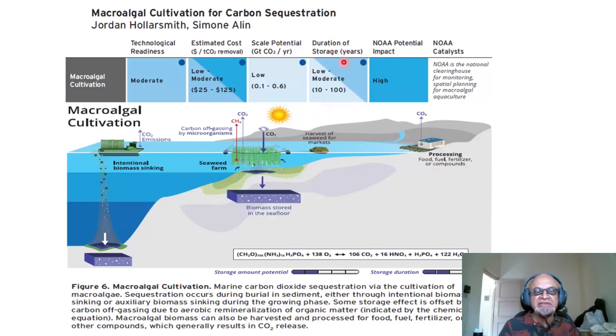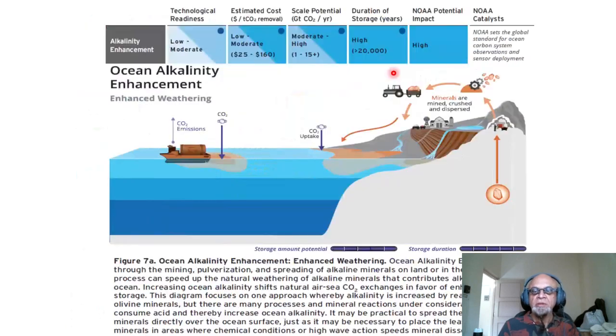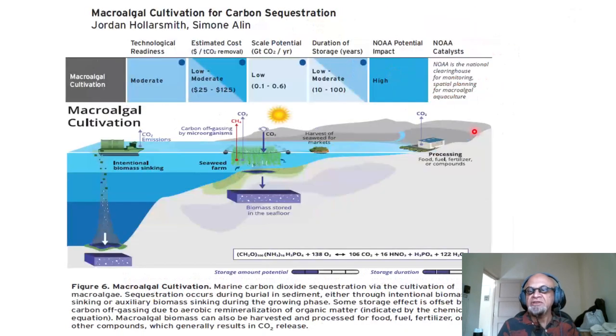I'm not reading these things here in terms of technological readiness, estimated cost, scale potential, duration, and NOAA potential, but obviously NOAA is trying to pitch it as their strength, so they are very optimistic about many of these things as well as their ability.